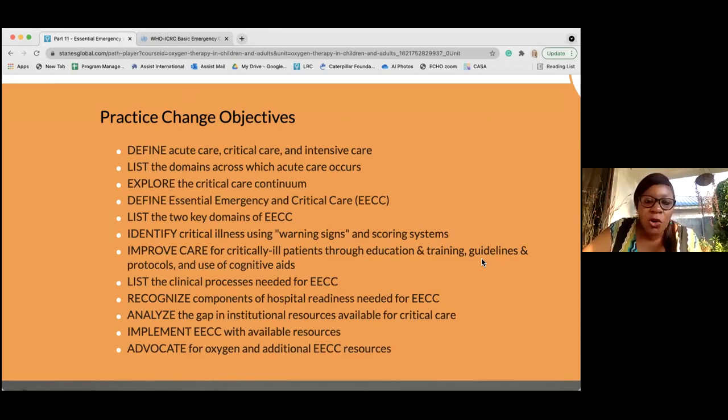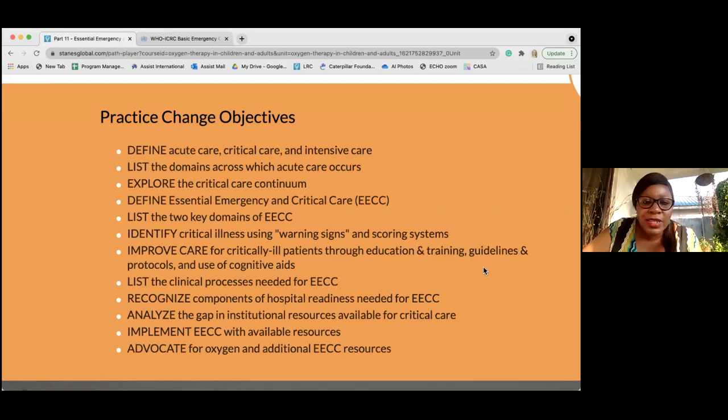We also looked at hospital preparedness, which Dr. Papytcho has told us about, identifying gaps and improving on this. I think lastly, in this COVID era, we need to advocate for oxygen supply. We need to make sure that oxygen as an essential medicine is available in our acute care setups, in addition to other EECC resources which are needed to provide care to critically ill patients.